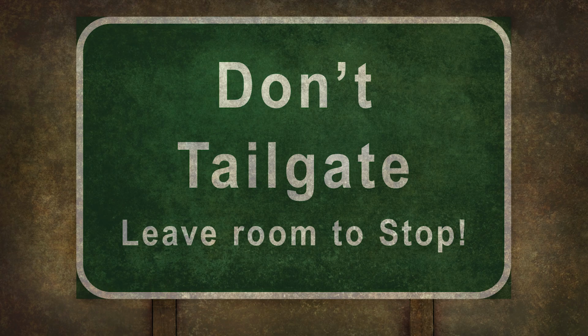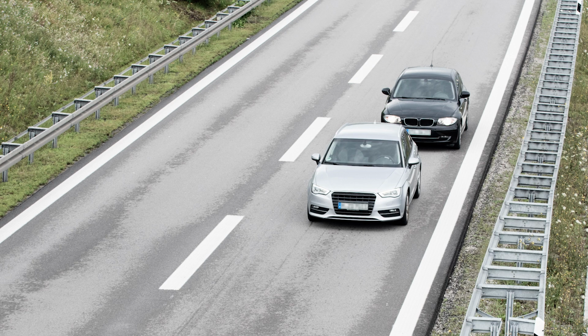In extreme cases, it may be necessary to pull off the road in order to create more distance between yourself and the potential aggressive driver. Since we cannot control the space behind us, the best thing to do is to allow any tailgater to drive past us and become somebody else's problem.